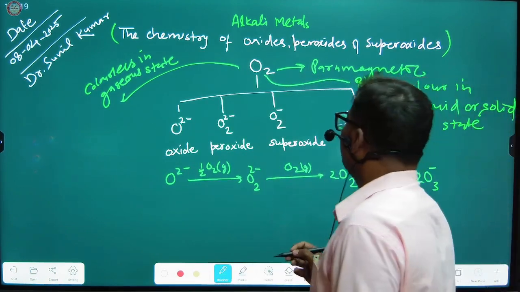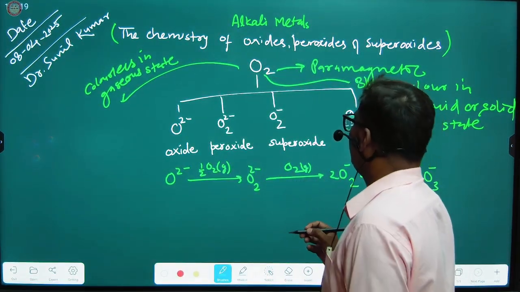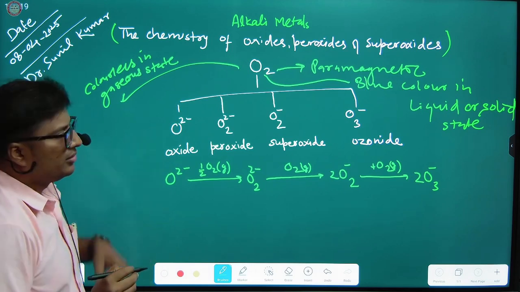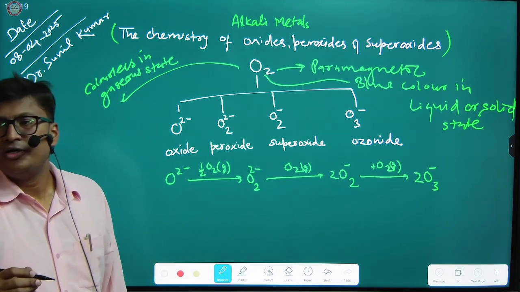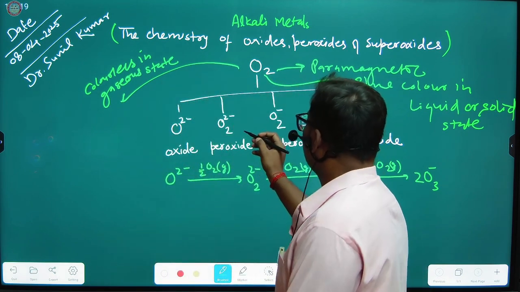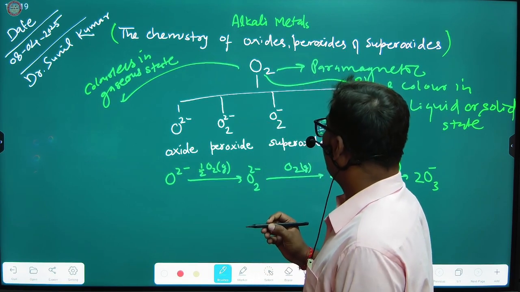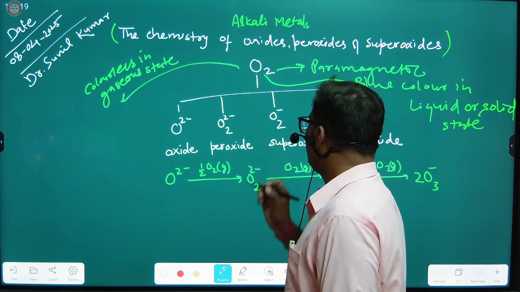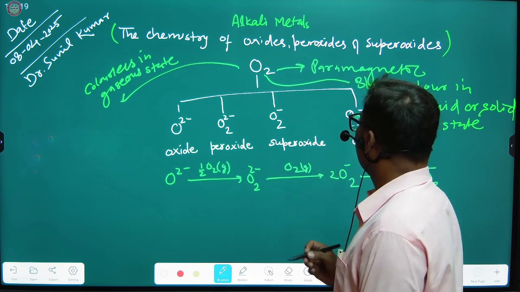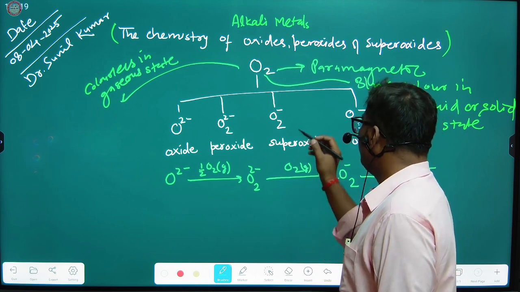Okay. So it has various allotropes, which are categorized as oxide, which carries two negative charges, right? Another one is peroxide, whose structure is O2, carrying two negative charges again, and then this is the superoxide, which is also diatomic, but carries only one negative charge.